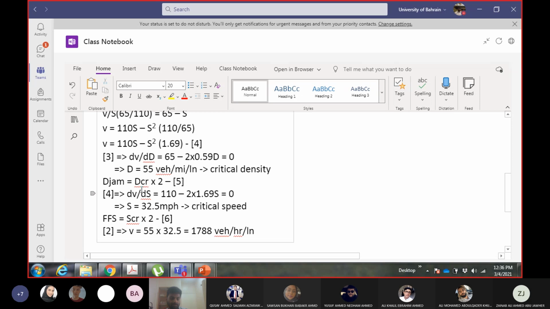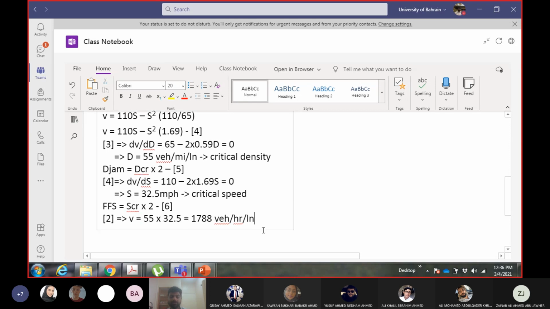Jam density, maximum density when speed is 0. Okay. Critical speed, the speed when flow reaches maximum. Critical density, the density when flow reaches maximum. Maximum flow is known as capacity. So this 788 value which we have calculated here, we will call it capacity.